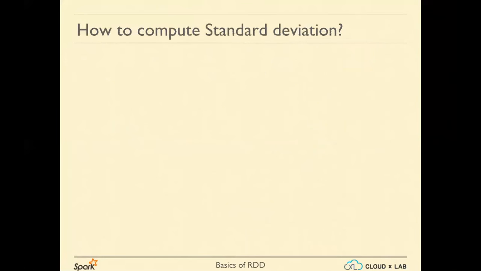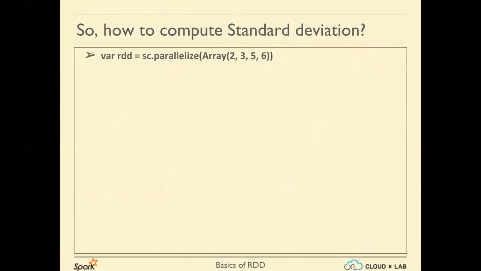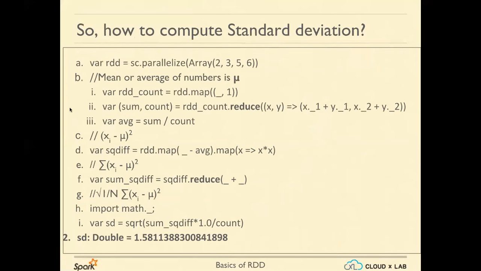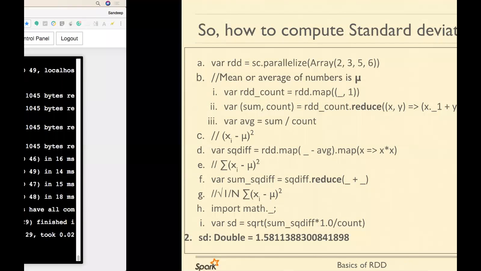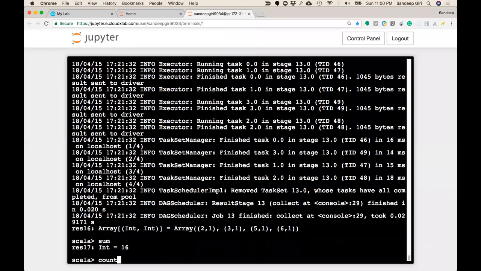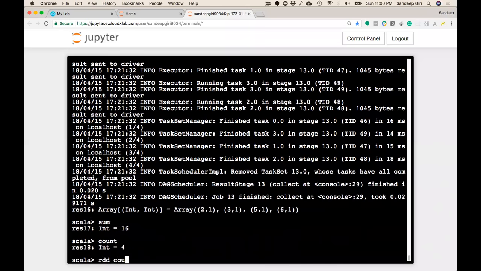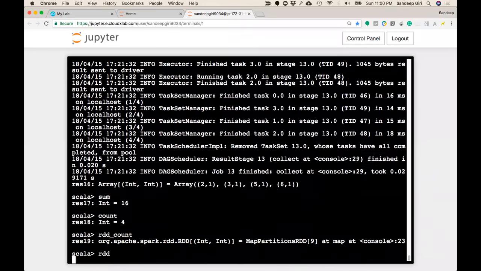So coming back to where we were, what we are trying to do here is this part is local, definitely, because it doesn't involve any RDD. This is a local variable. You can try typing these values. Let's say you want to check whether sum was a local variable or not. You can just say sum, you can just say count, and you can just say RDD count. You can see it's an RDD.